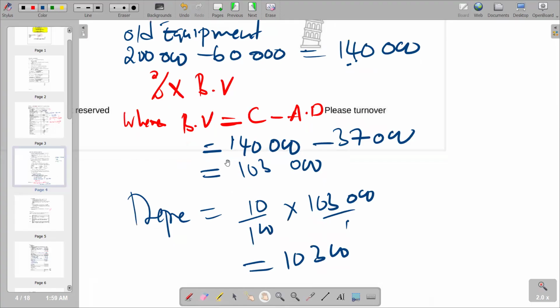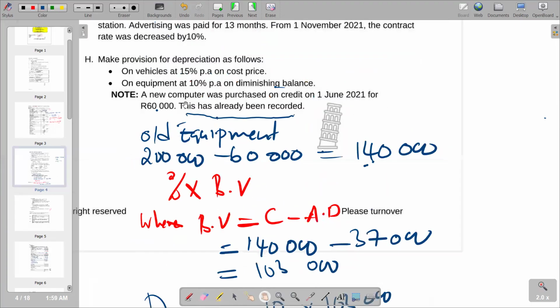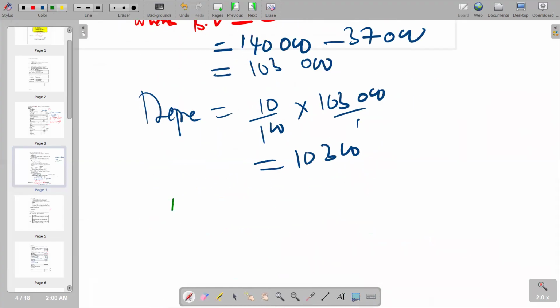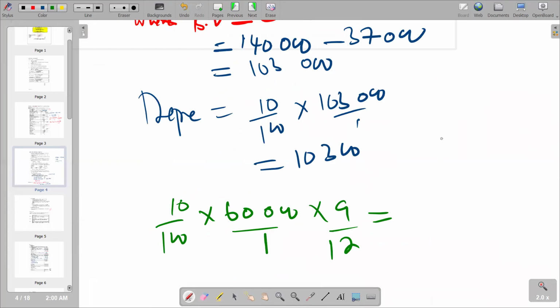So for the new equipment now, we are going to say 60,000 times 10% times the number of months that this computer stayed. And remember, let's start by calculating the number of months. So the computer came in June, then July, August, September, October, November, December: 1, 2, 3, 4, 5, 6, 7. Verify the number of months, times 9 over 12. So here we are saying times 9 over 12, which is the number of months.